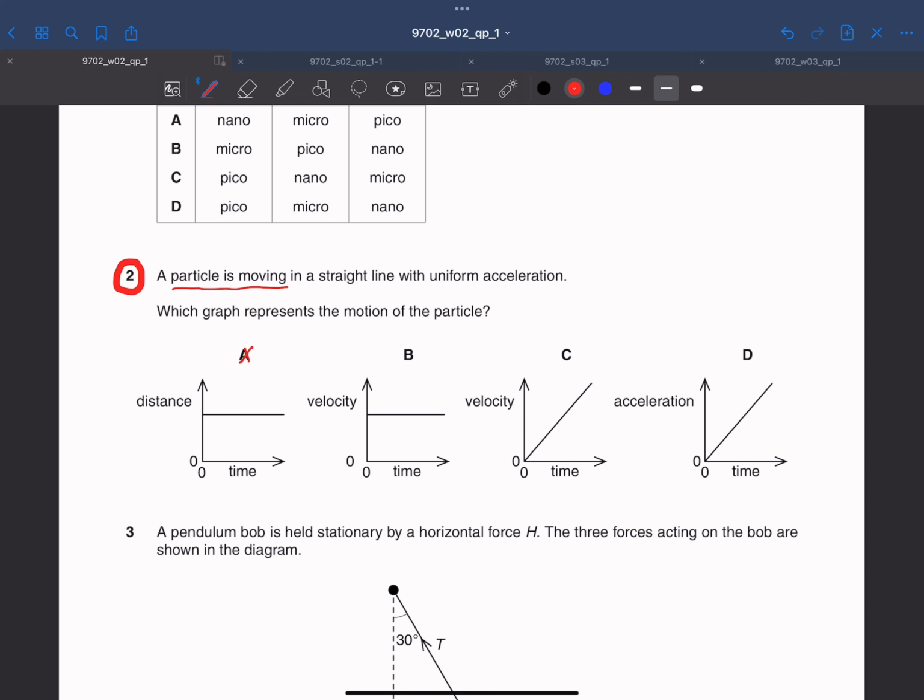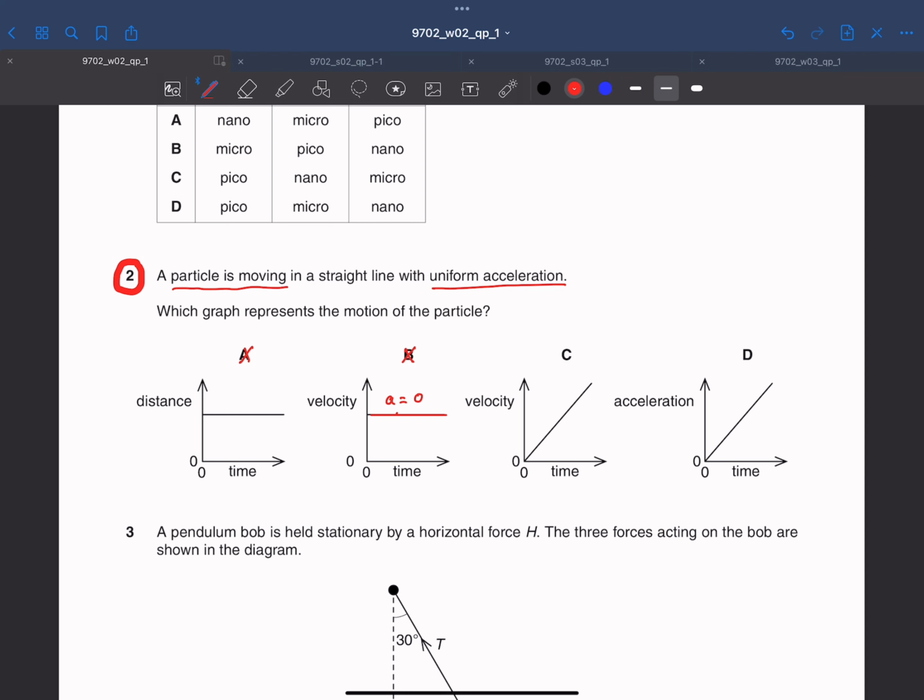Then here we have velocity in B, but this velocity is constant. So this is not uniform acceleration; this is simply a equal to 0, because the slope of the velocity-time graph, as we have just discussed, is the acceleration, and here there is no slope. So this is not our option.